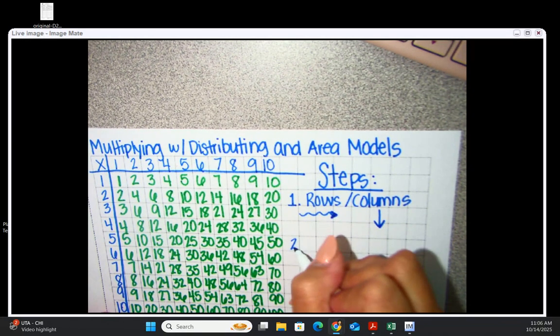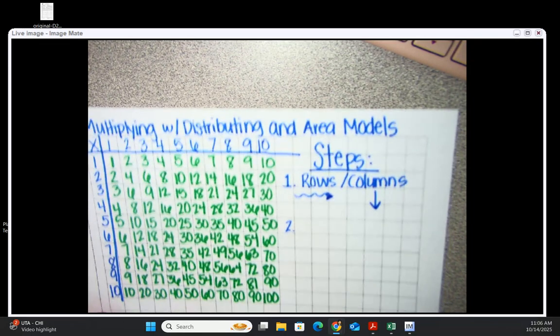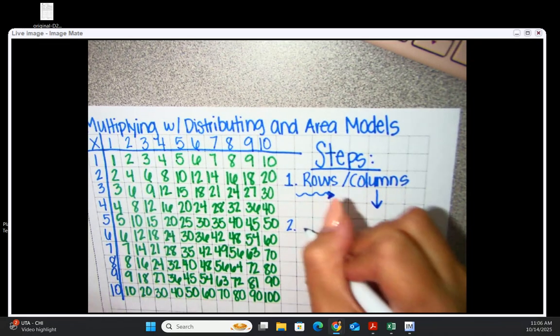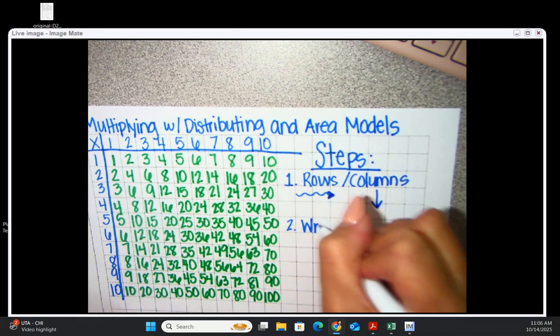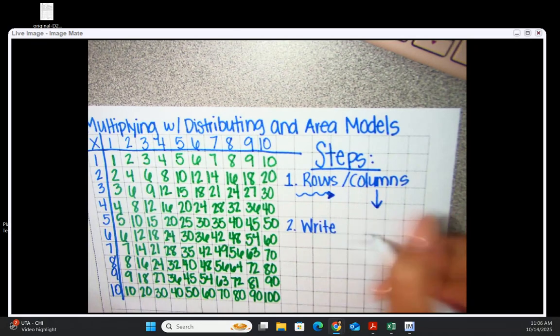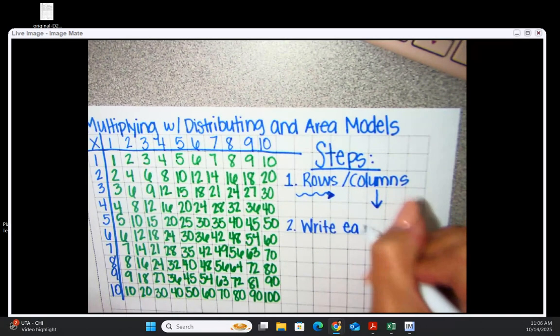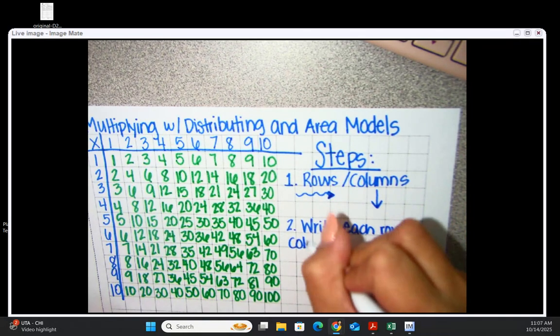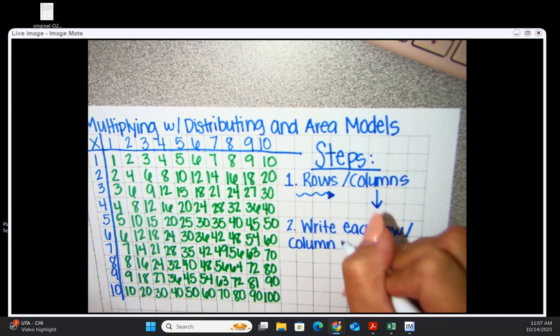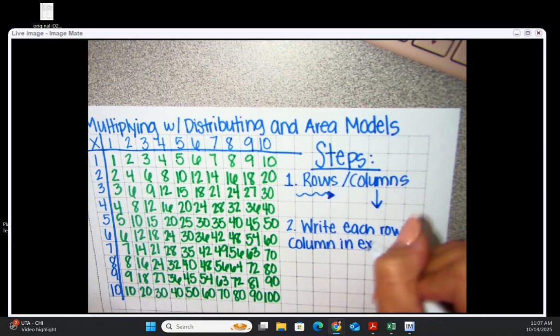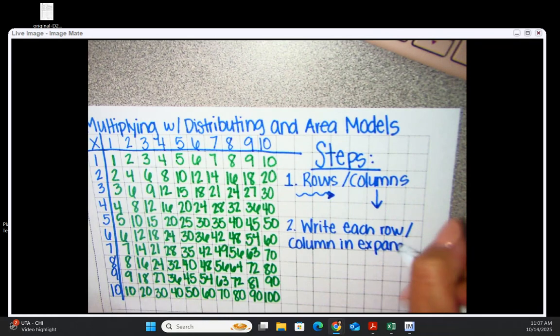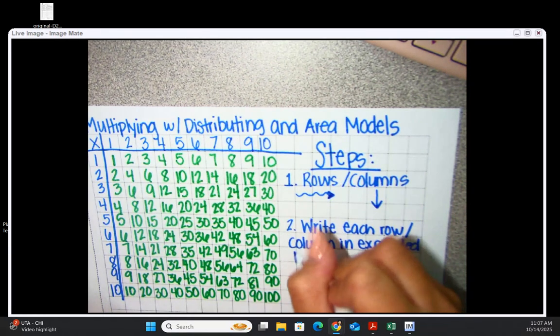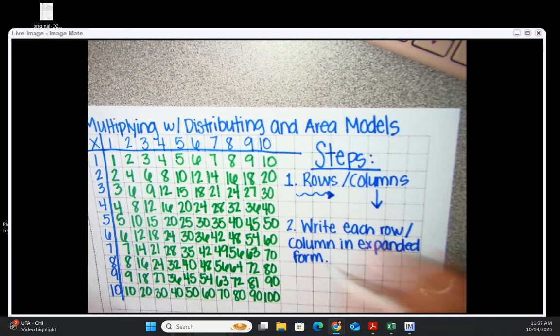Step number 2. Step number 2 means write each row and column in expanded form.